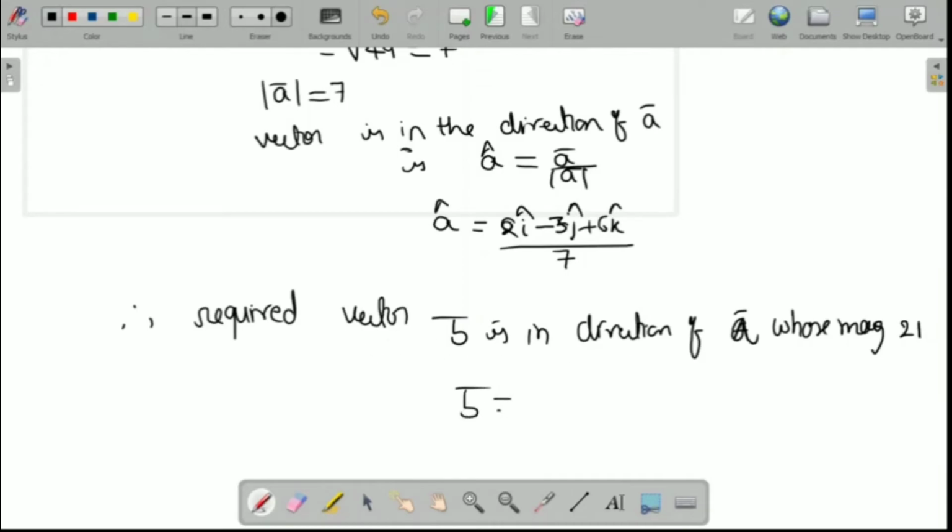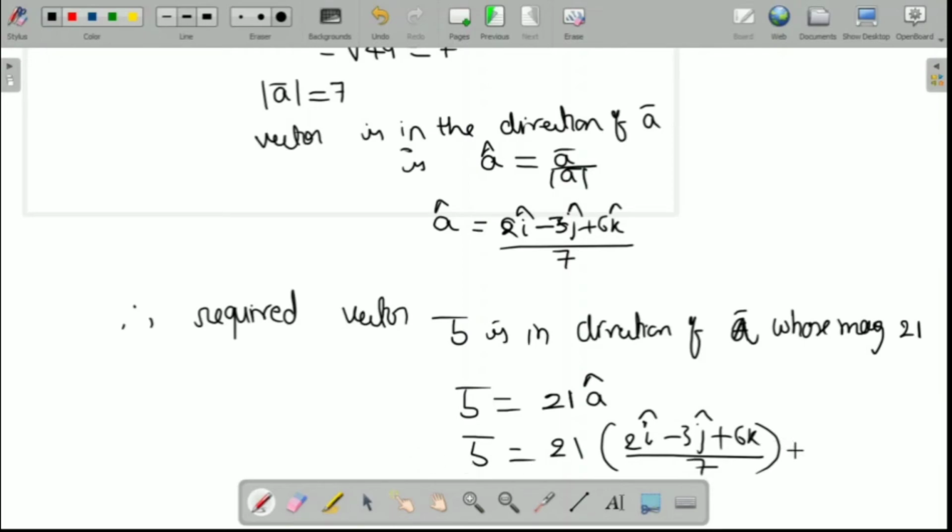So b bar is equal to 21 units into the unit vector. So 21 into 2i minus 3j plus 6k by 7. Hence that's all. This is the required.